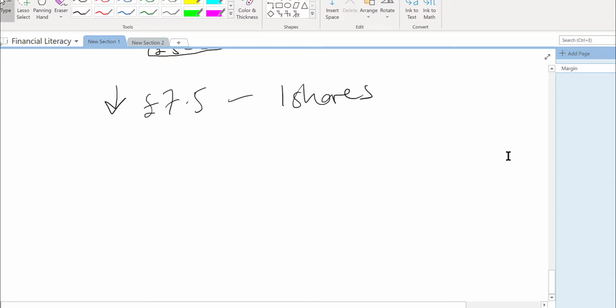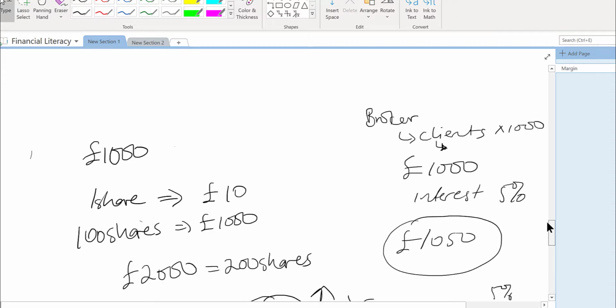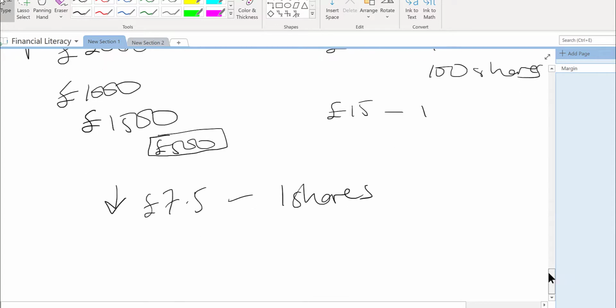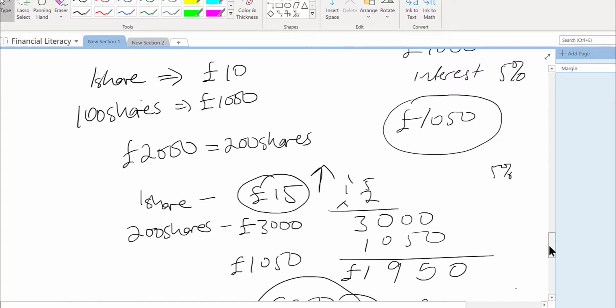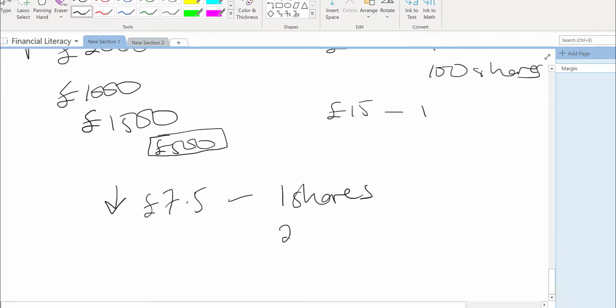We started off with one share worth £10. Now it is worth £7.50. If you're using the margin, we're going to start with the margin. You took out £2,000 in total, got 200 shares. So you have 200 shares now, and you're like, oh my God, this has dropped, I need to sell. And then you choose to sell. So you do the math.